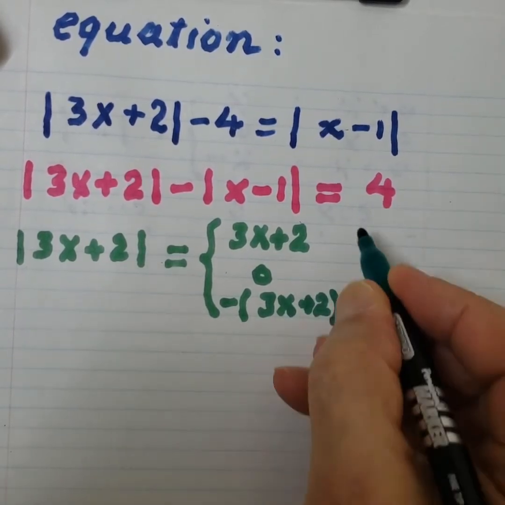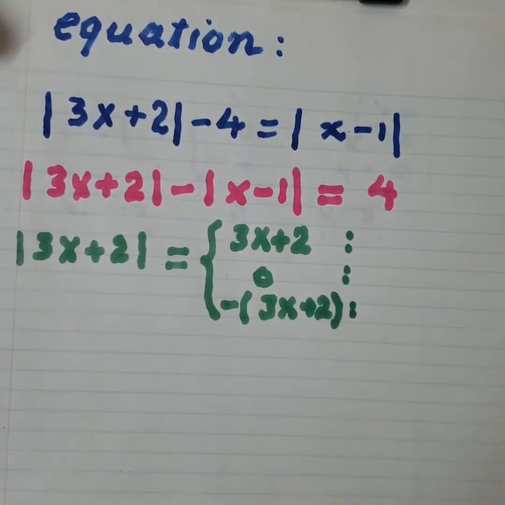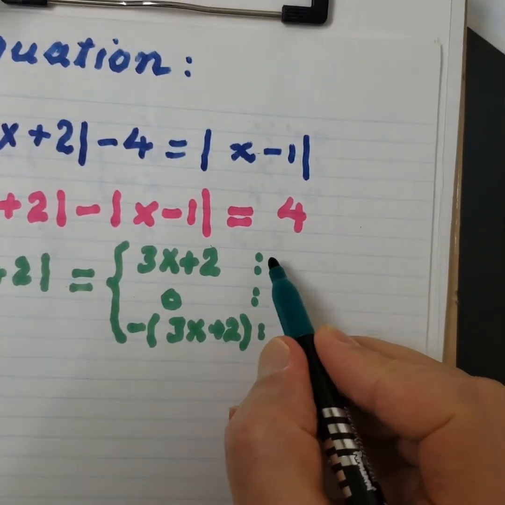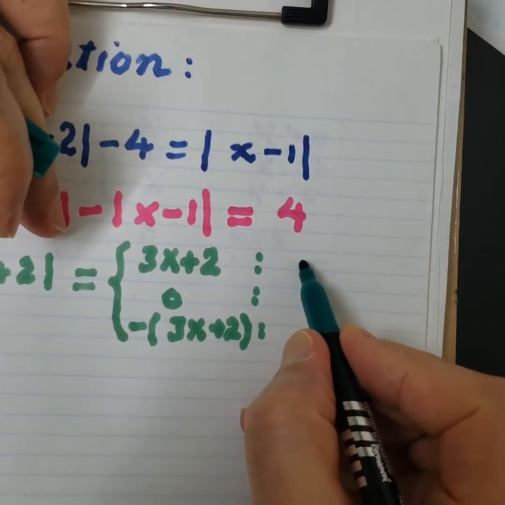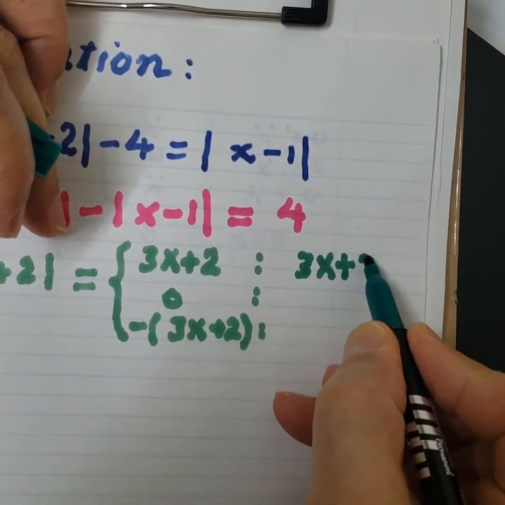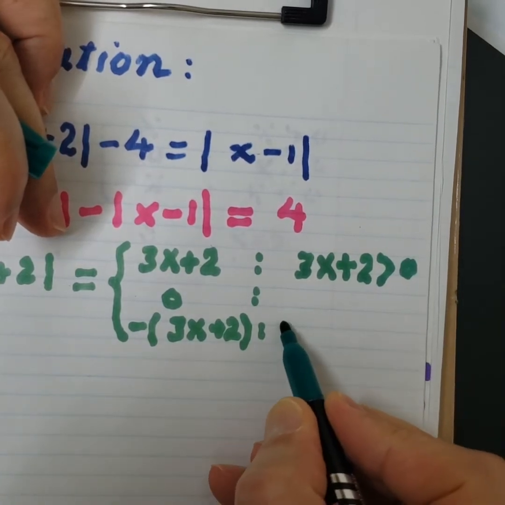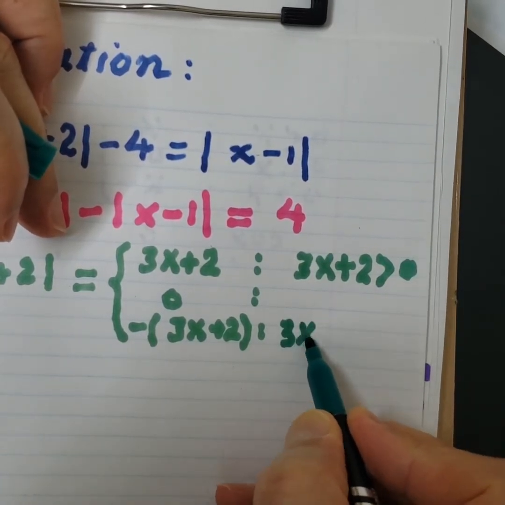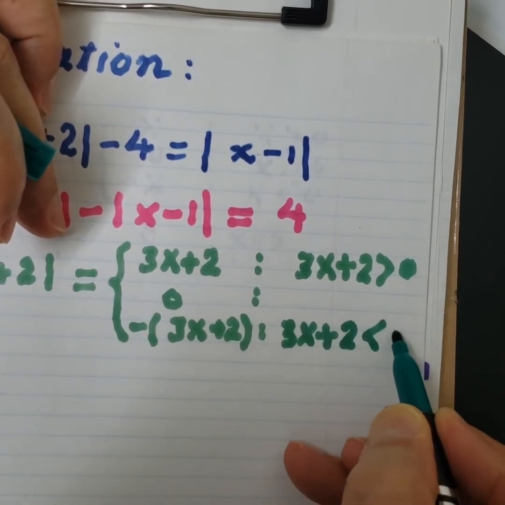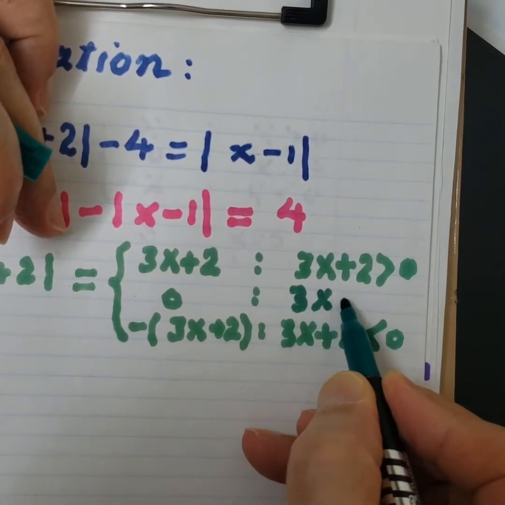And for each shape we have to write the condition in front of it, as we did with the absolute value of x. Here the condition is what's inside the absolute value: I write it greater than 0, and here we consider it less than 0, that means it's negative, and here it's equal to 0.